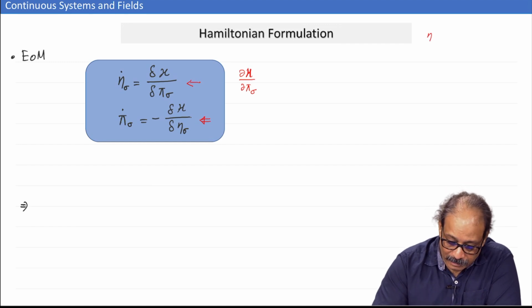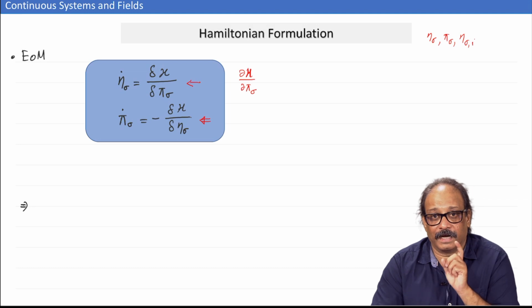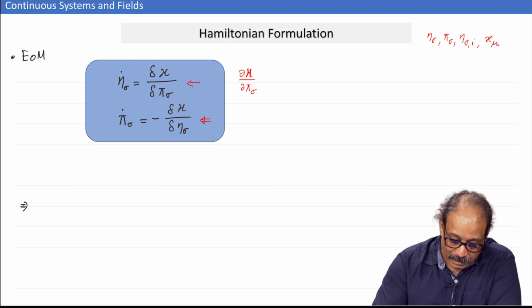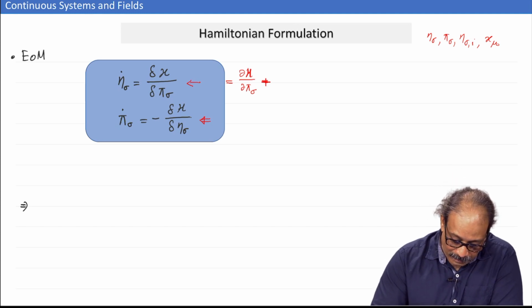It was eta sigma, it was pi sigma, then eta sigma comma I, where I takes values 1 to 3, and x mu. Now, if you write this functional derivative, that would be equal to partial derivative of Hamiltonian density with respect to pi sigma plus d by dxi and partial of Hamiltonian density with respect to pi sigma comma I.